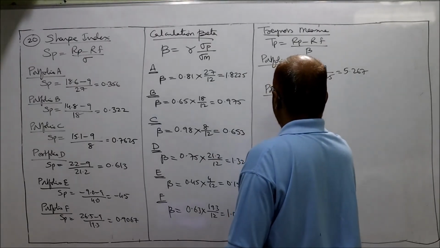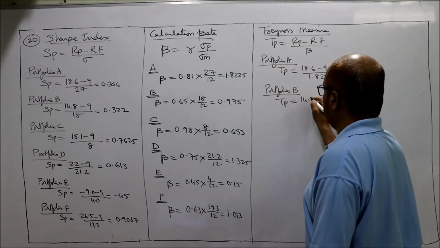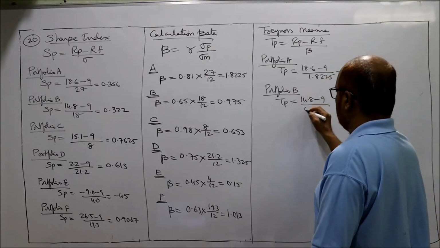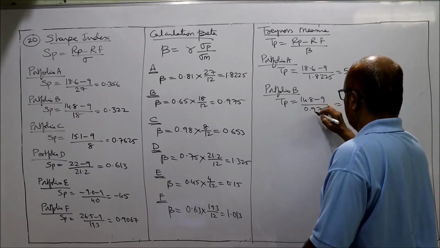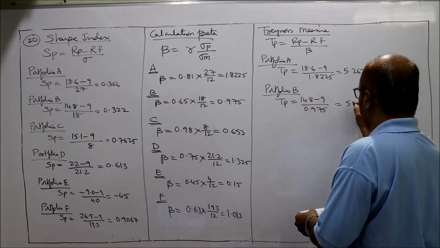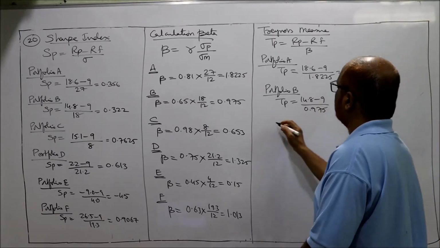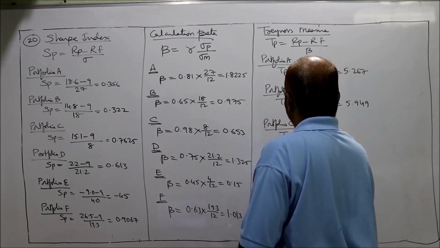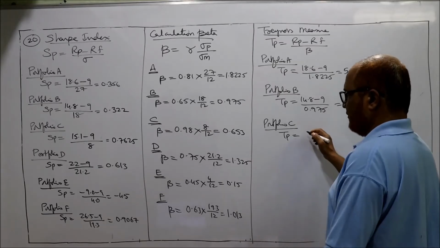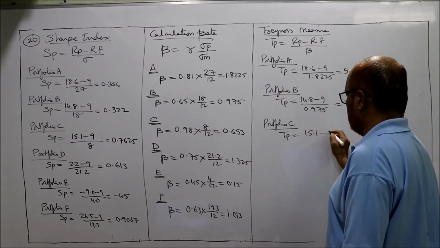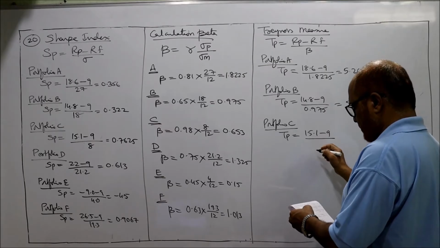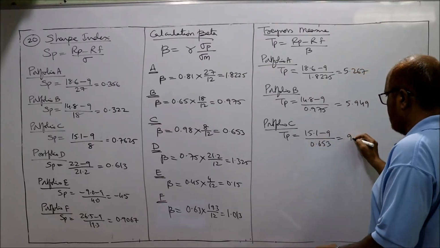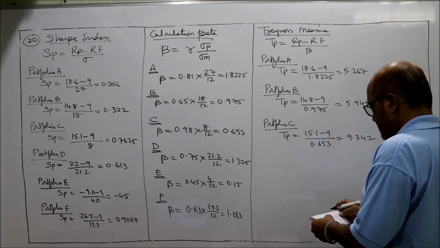Portfolio B, TP is equal to 14.8 minus 9 divided by 0.975, which is 5.949. Portfolio C, TP is equal to 15.1 minus 9 divided by 0.653, which is 9.342.